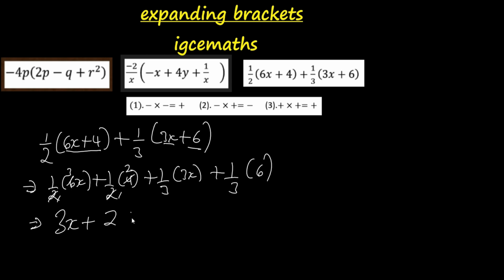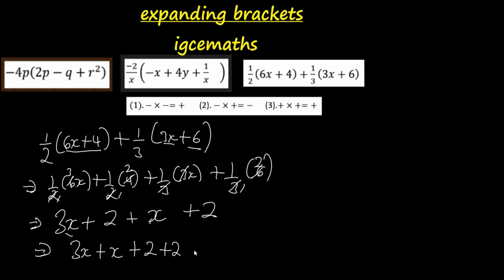Then over here 3 will cancel this 3 and you're going to have x, and over here 3 goes into 6 two times, and then 1 times 2 you're going to have 2. Then we can go ahead and group like terms. 3x and x are like terms, so let's group them: 3x plus x, then also 2 plus 2. So we're going to have 3x plus x is 4x, and then 2 plus 2 is 4.